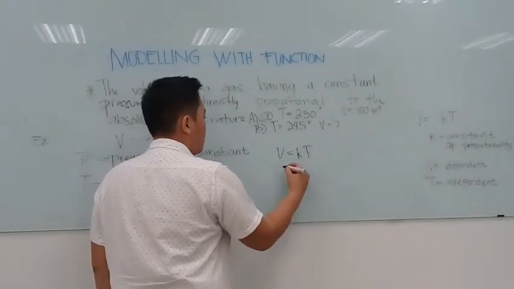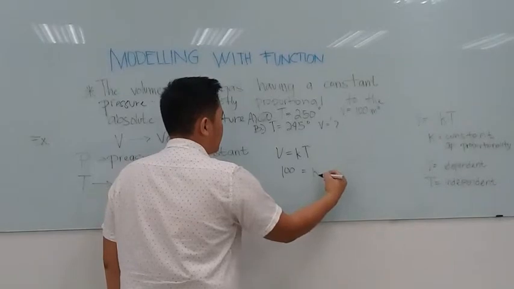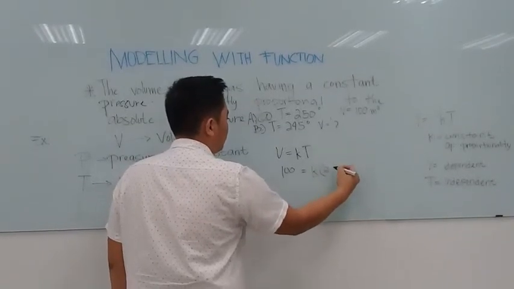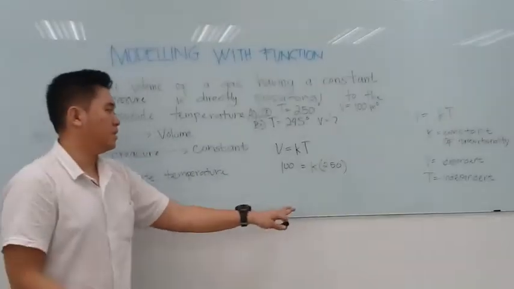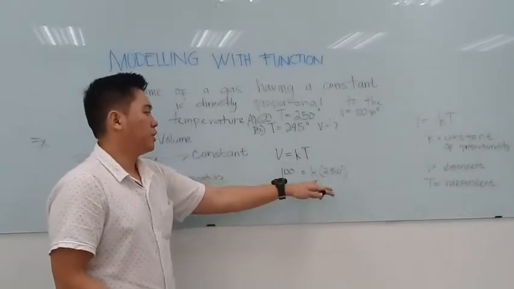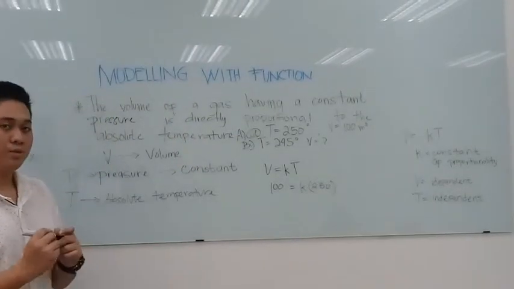So, 100 is equal to K times 250 degrees. We need to derive this equation in order to get the constant of proportionality. How to do that?